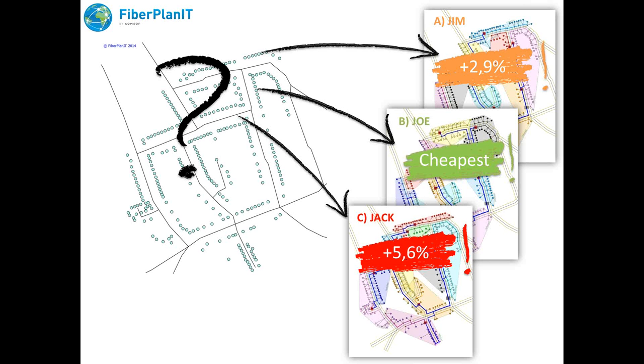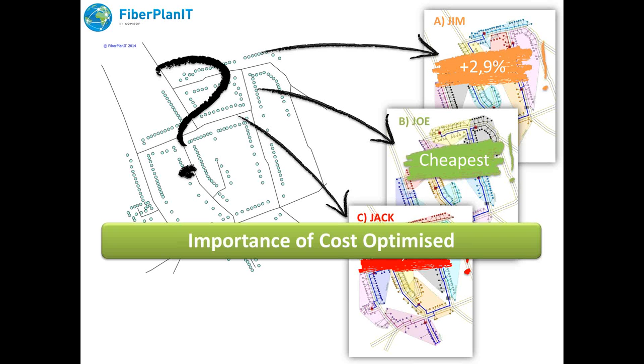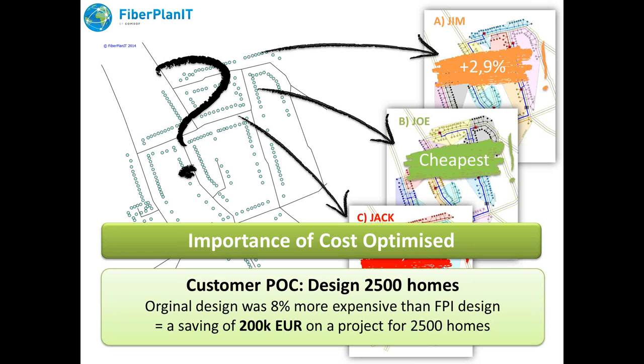So this example, which is realistic and proven, clearly shows the potential and the importance of the cost optimization. And another specific example is the experience of one of our customers who designed an area of 2,500 homes.